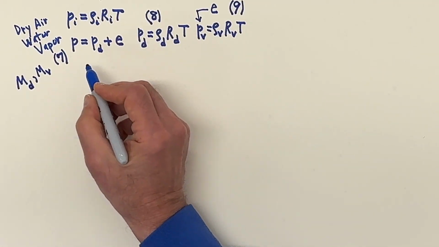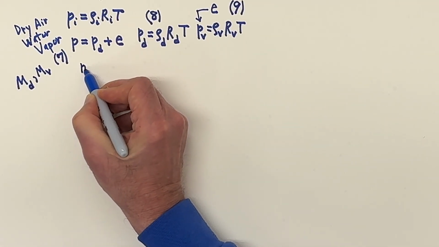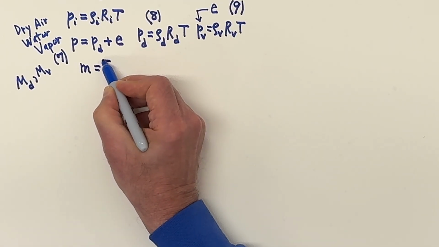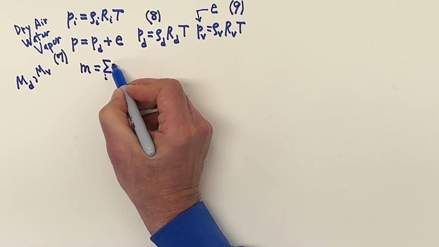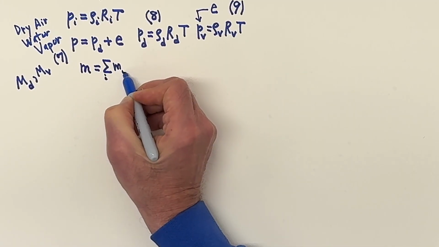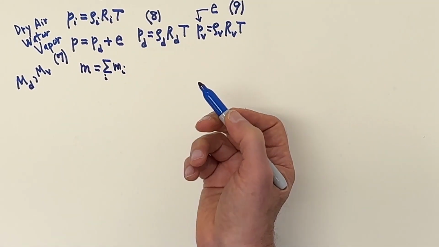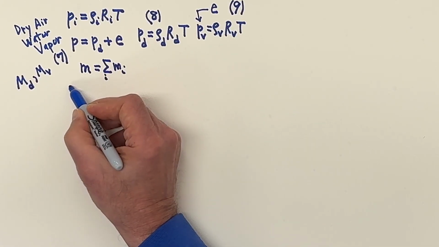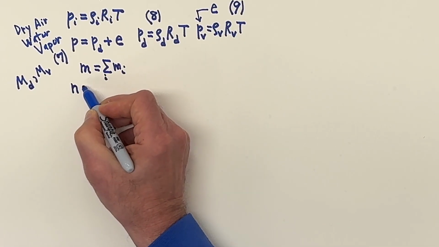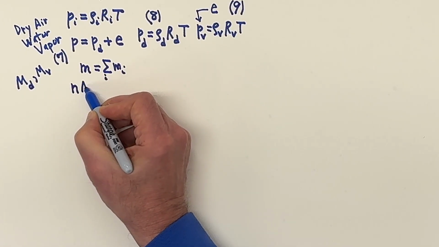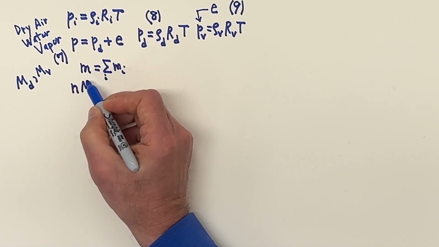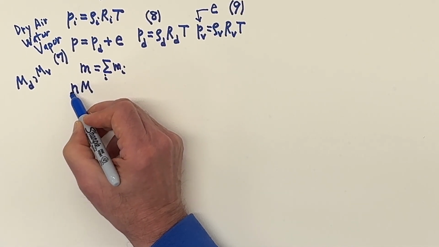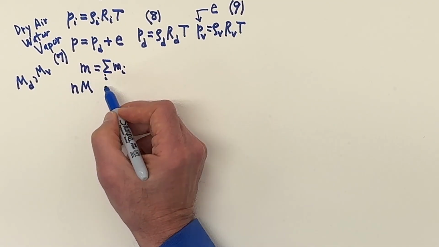So to do that, we start out with the mass of the gas, which consists of the sum of the constituent parts, m sub i. That gets you your total mass. Now, your total mass is also equal to n, the total number of moles, times the molar mass.